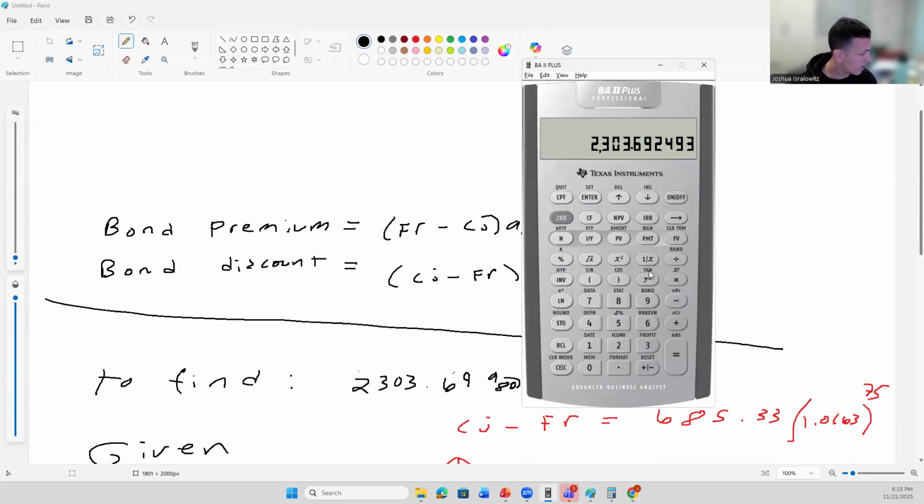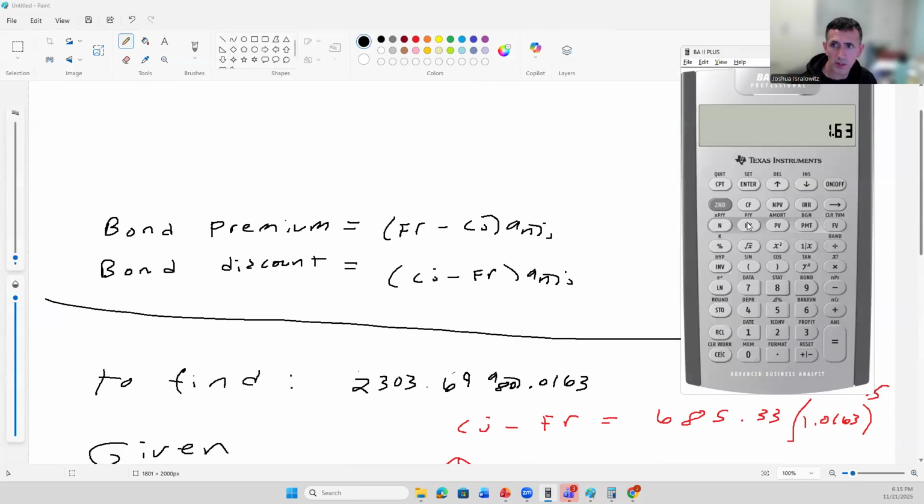So payment 80 and 1.63 interest, present value 102,561.90. That's the answer.